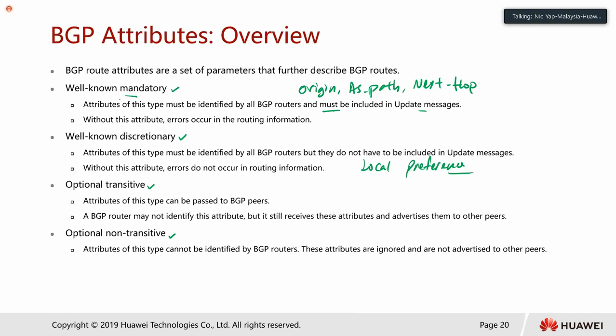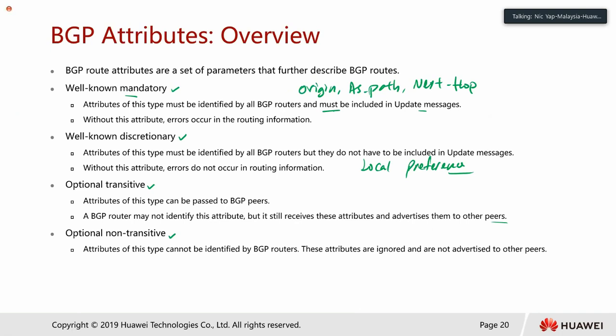And the next one is the optional transitive. Attributes of this type can be passed to BGP peers. A BGP router may not identify this attribute, but it still receives this attribute and advertises it to other peers. Which means that if you do not know this attribute, it doesn't matter. You can still send this attribute to the next peers.